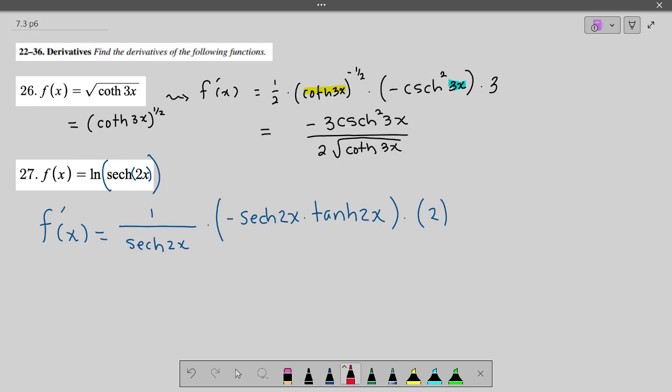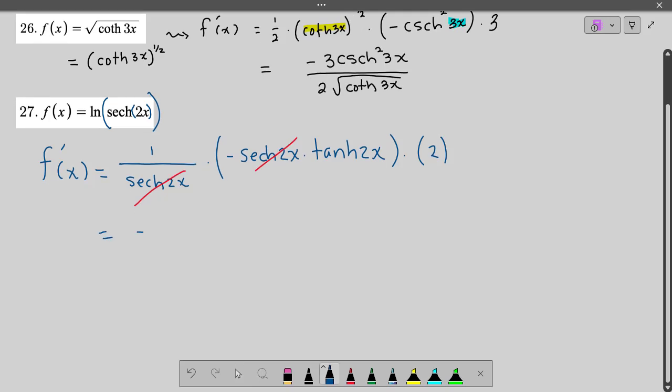Here we definitely have some cancellation. We can take that sech of 2x and that sech of 2x and wipe them out. And so we'll be left with negative 2 multiplied by tanh of 2x.